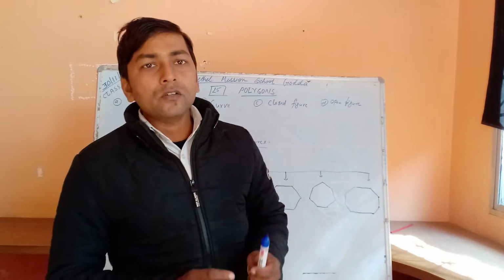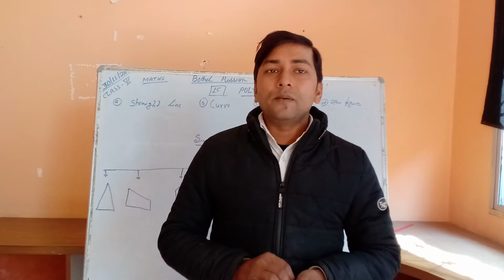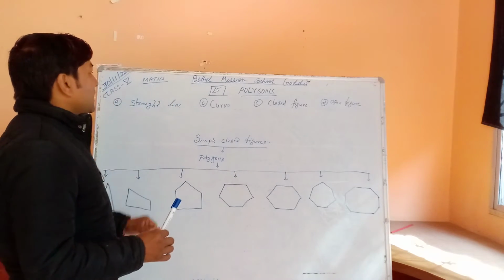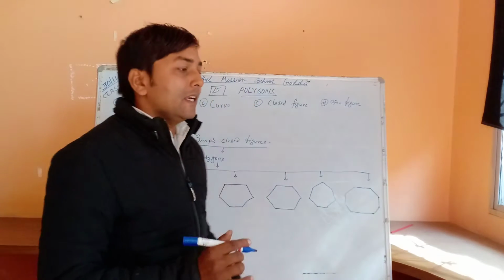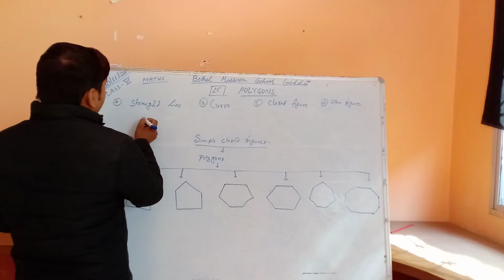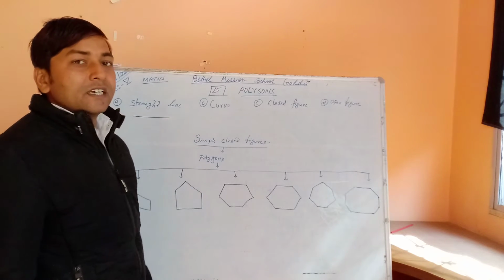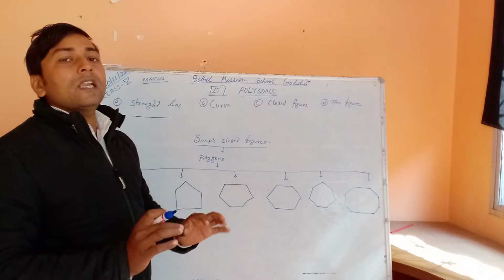Today I am going to teach polygons of class 6. Before learning this, we are going to discuss some points. First is the straight line. What is a straight line? When you draw a line with the help of a scale, it is called a straight line.